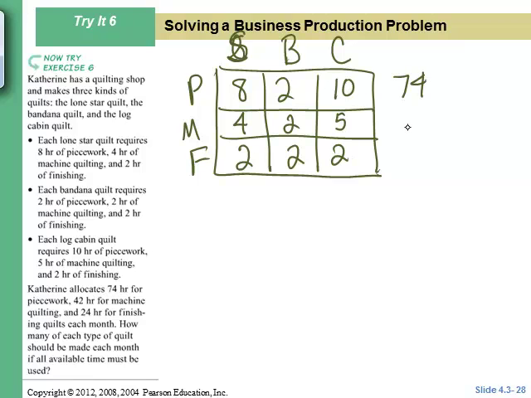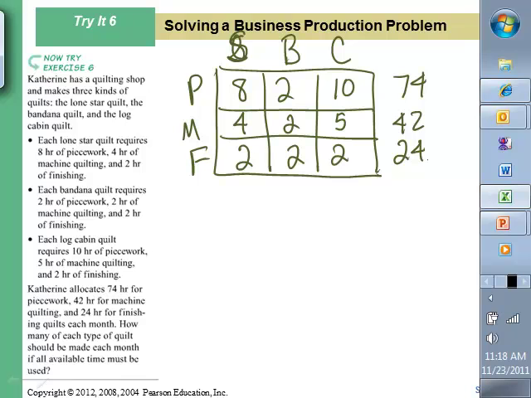The totals are 74, 42, and 24. So let's fill in our chart. 8, 2, 10, 74. 4, 2, 5, 42. And the last one is 2, 2, 2, 24.